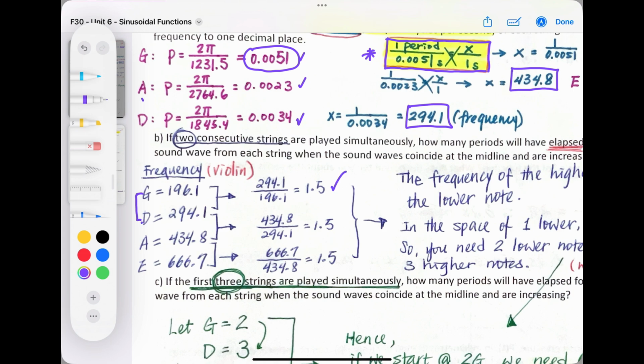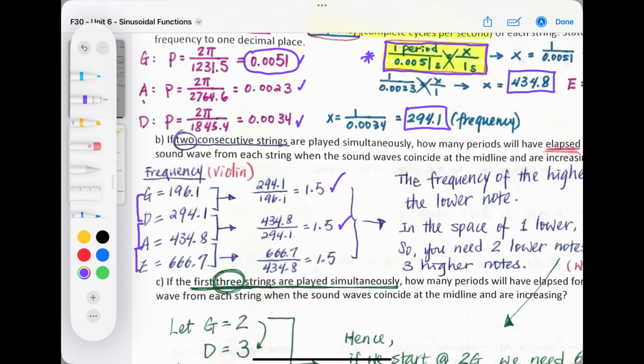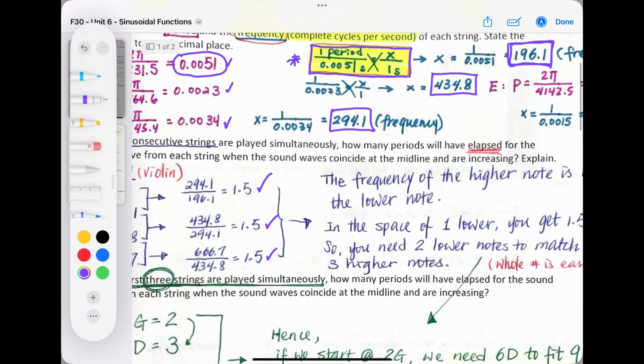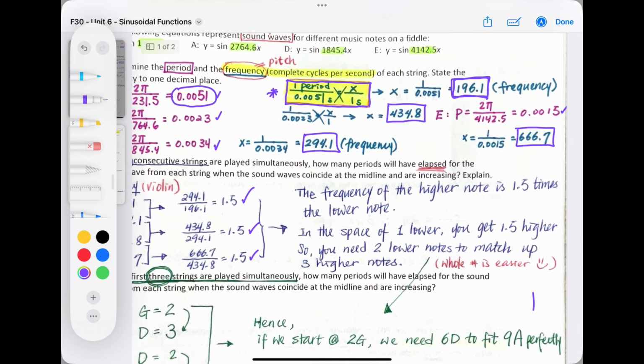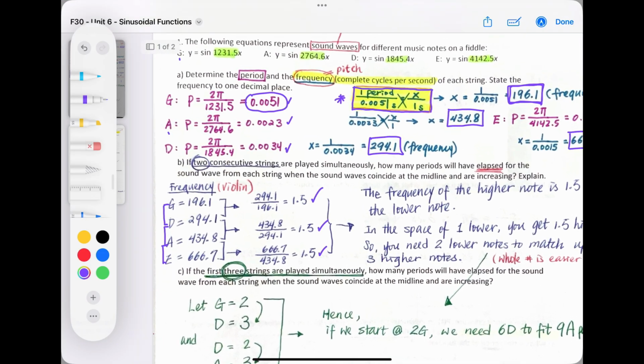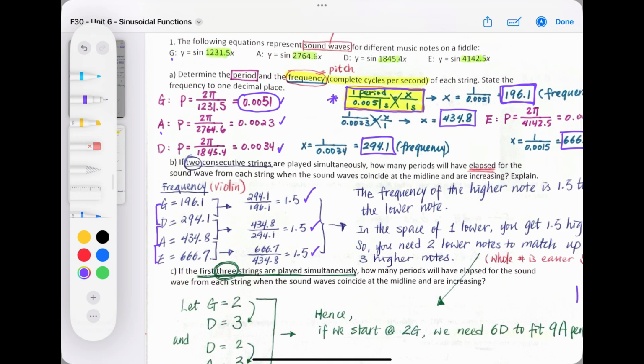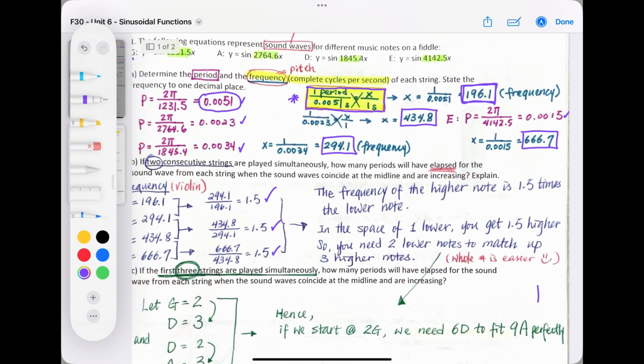And continuing, when you use re, la, those consecutive side-by-side strings, you also have a ratio of 1.5. And when you use la, mi, the ratio is also 1.5. So math people will say, oh, I see, the frequency of the higher note is 1.5 times the lower note. So for the violin, sol, re, la, mi, this is where the number comes in. Then math people say we do not like decimals.